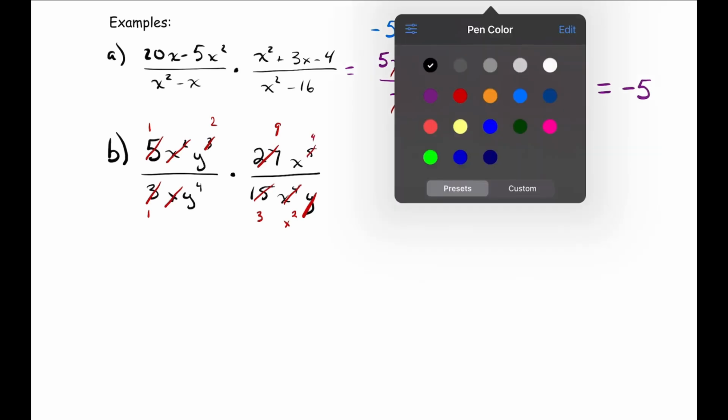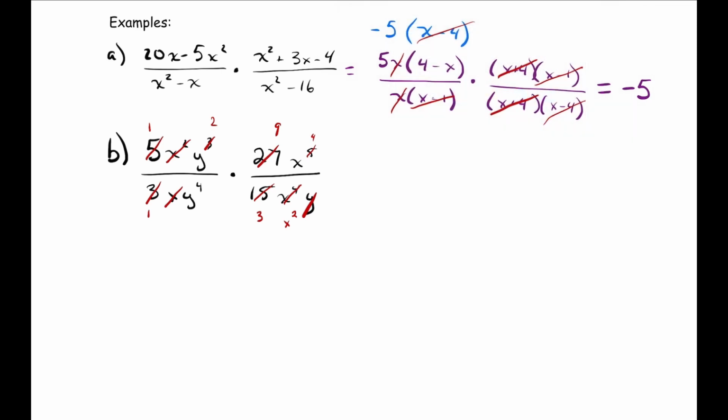So let's write what we've got so far, multiplying this together. So we have 1 times the x's cancel out, y to the second, so we have 1 y to the second times 9x to the fourth, over 1 y to the fourth times 3 and then x squared.